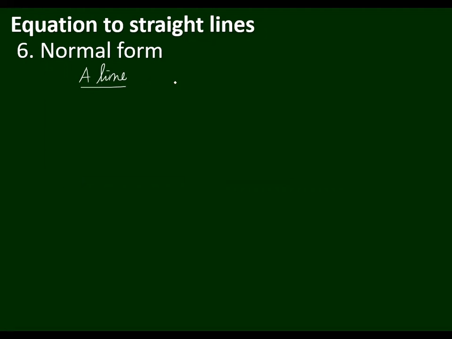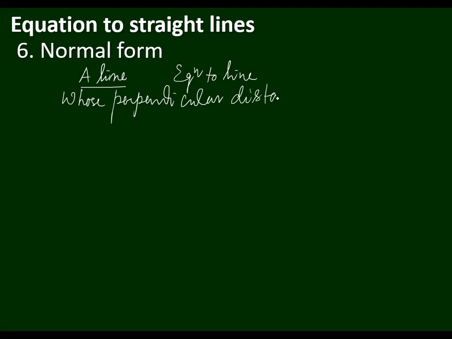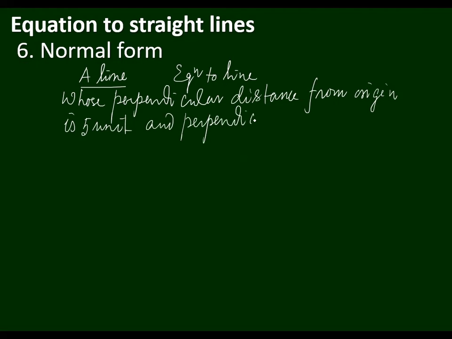Find the equation of the line whose perpendicular distance from the origin is 5 units and the perpendicular makes 30 degrees with the x-axis.